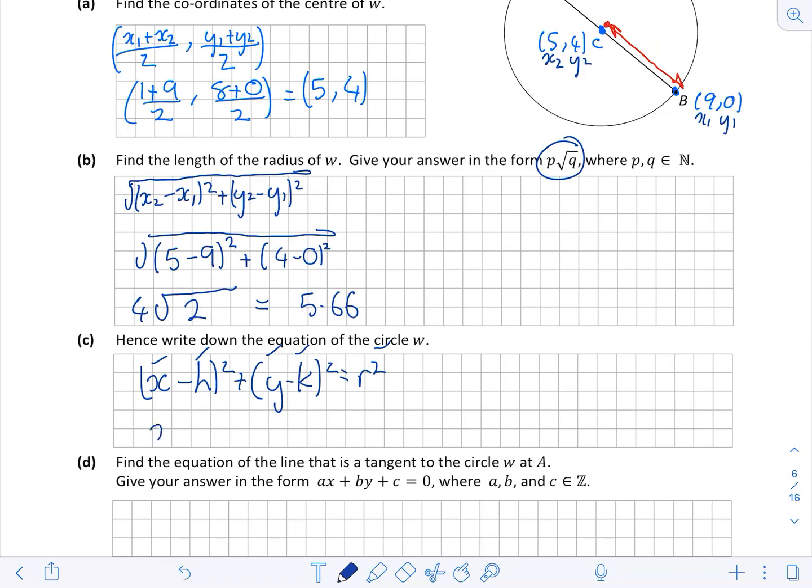So it's going to be (x minus 5) squared plus (y minus 4) squared equals 5.66 squared, so that's going to equal 32.